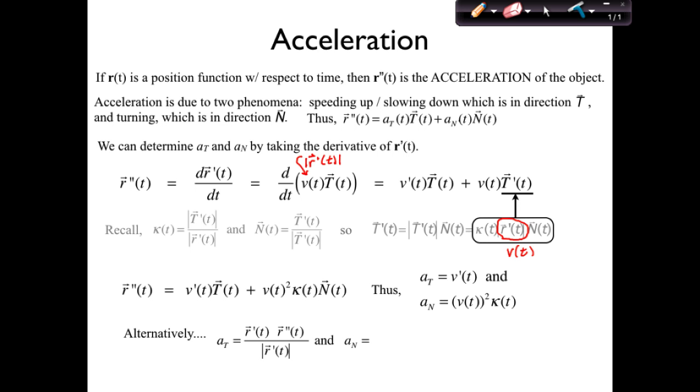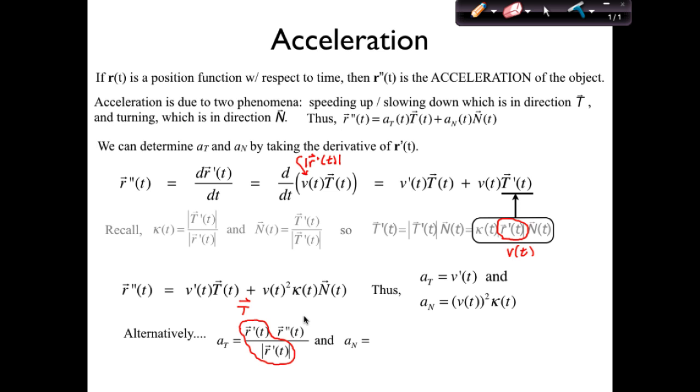So then, if this is the speed, no, that's unit tangent, right? This is the unit tangent. So is this going to be a matter of the acceleration in the tangential direction? Is it going to be dot product or cross product?